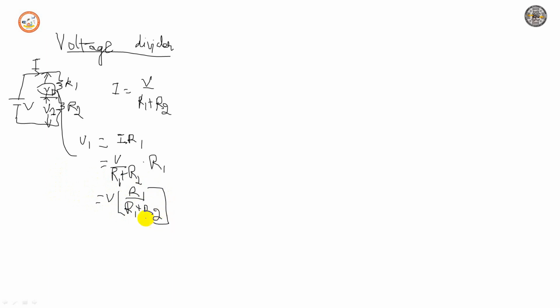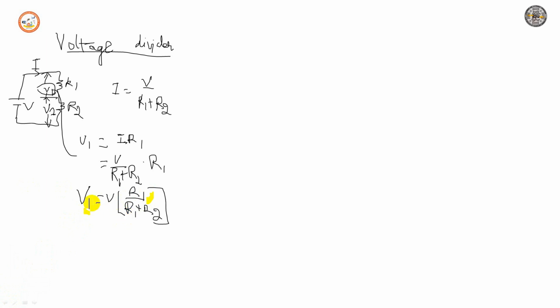What you observe here is that for the voltage V1, the numerator resistance is R1.